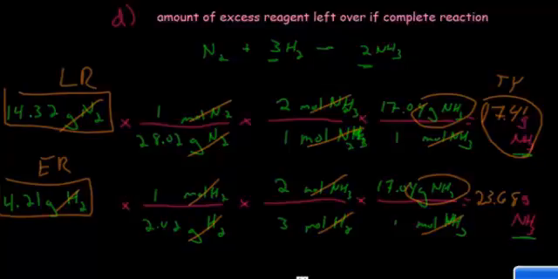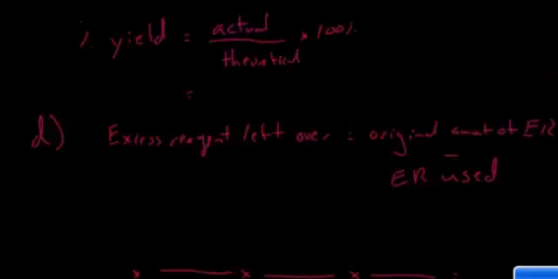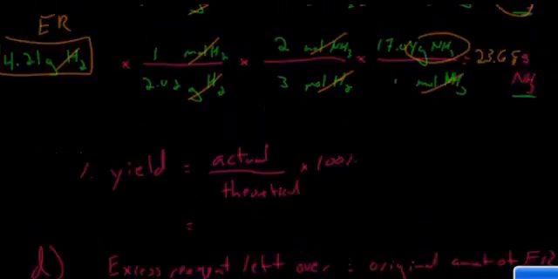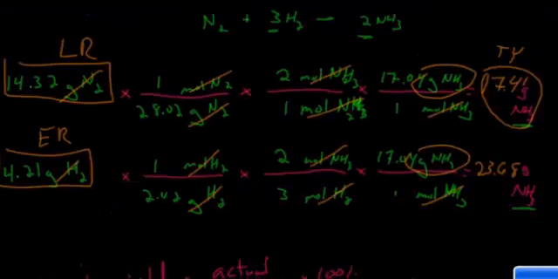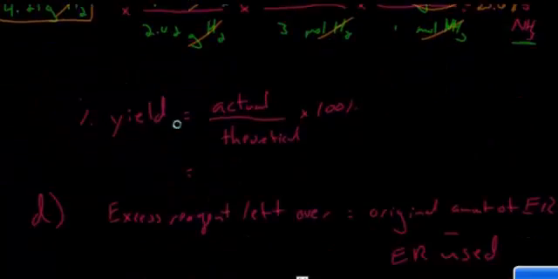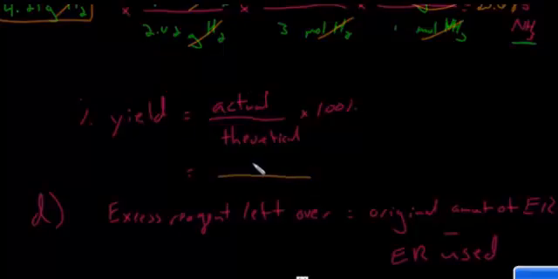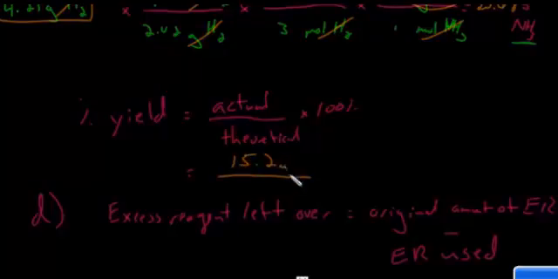Now we want to find percent yield. So we want to use this theoretical yield of ammonia, 17.41 grams of ammonia, to get our percent yield. And so what we want to do is see, we actually collected, from the very top, you'll recall, 15.2 grams of ammonia.